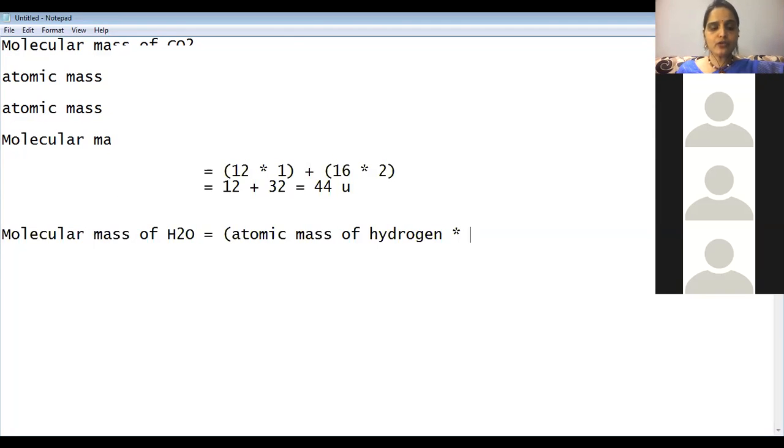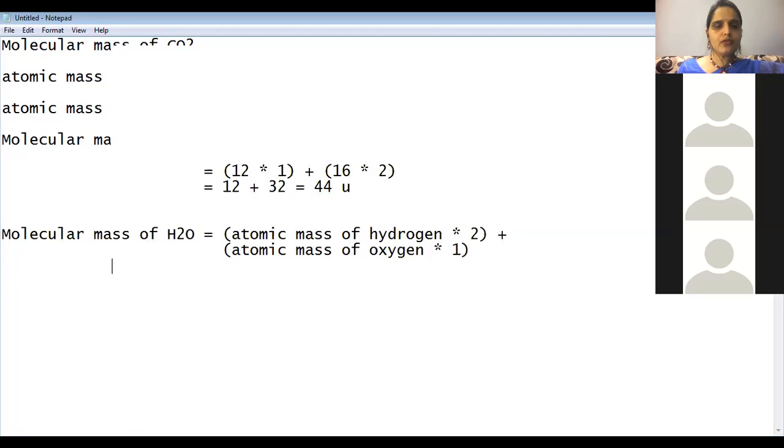So how many hydrogen atoms are there? 2. So atomic mass of hydrogen multiplied by 2 because 2 atoms are present in H2O, plus atomic mass of oxygen multiplied by how many atoms of oxygen are present in water? 1.